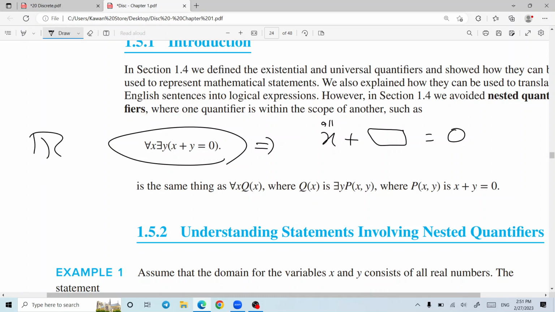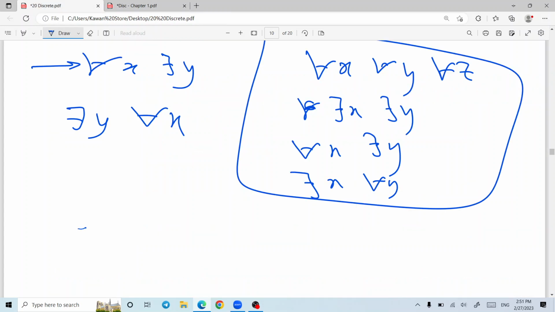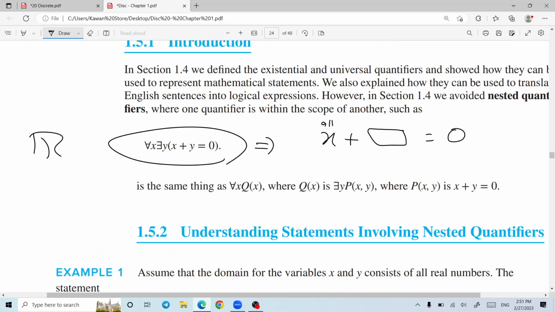Give me a number. 2. Okay, so we have 2, right? My question is, can you find one example to put here to make that one be 0? -2. So it means that the statement is generally true.